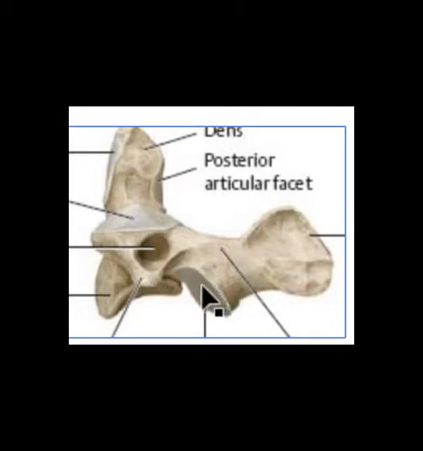The C2 vertebra needs to have elements to articulate with the C1 vertebra and elements to articulate with the C3 vertebra. That's why its anatomy is more complex. And this understanding is pivotal to understanding the relationship between the three vertebrae.